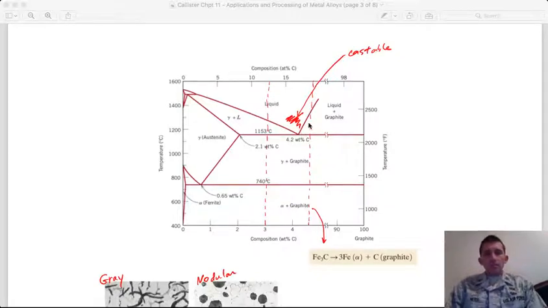But it becomes more doable to cast this material for the cast irons, and that comes directly from the phase diagram here.